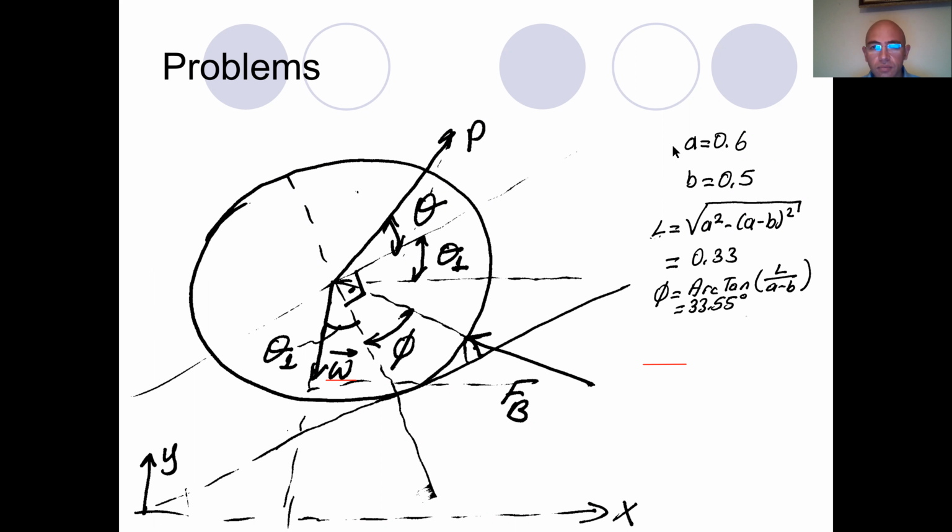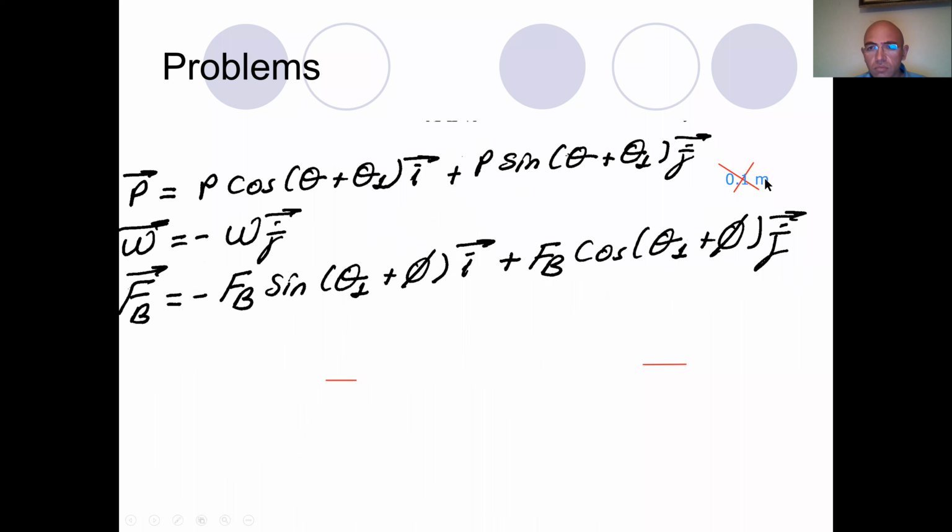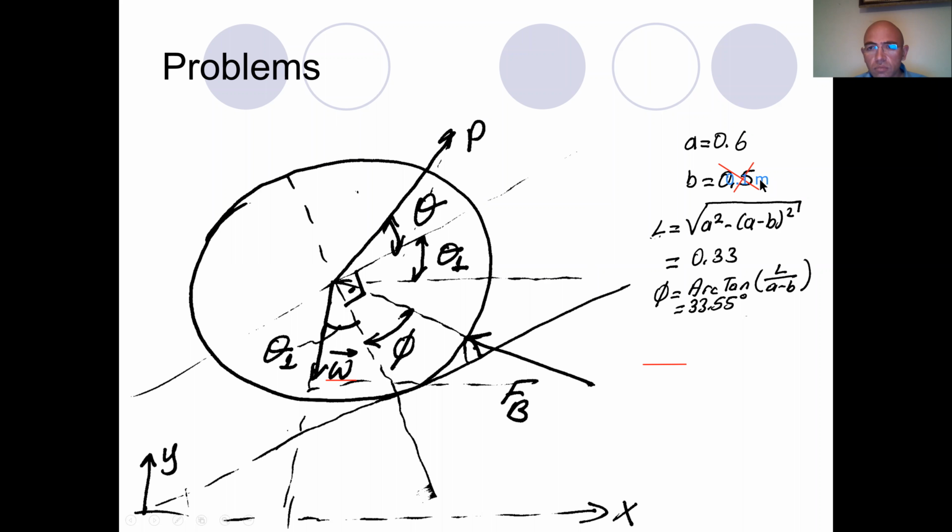Please correct it. This is the step length.